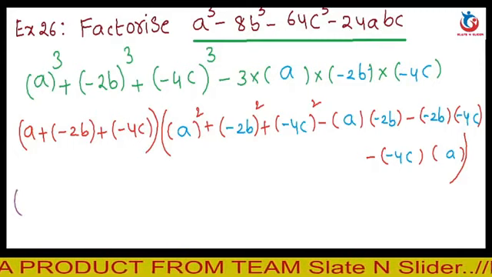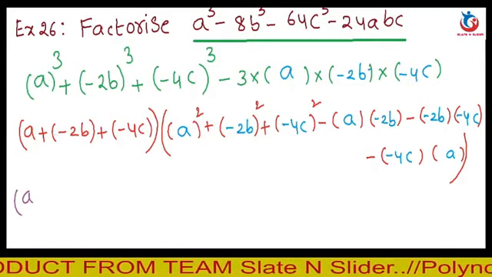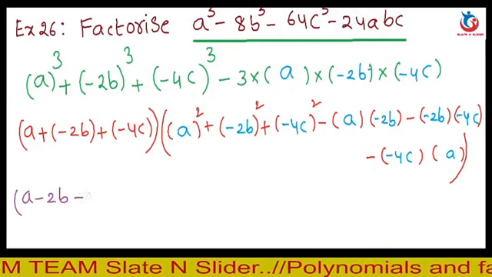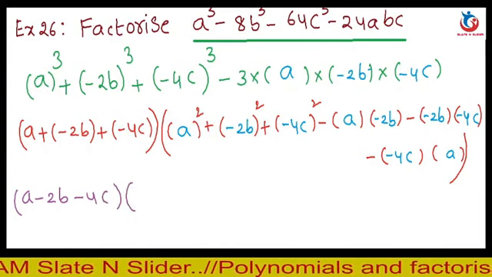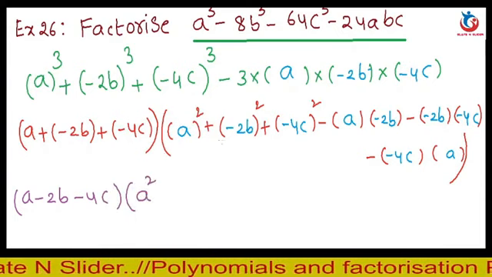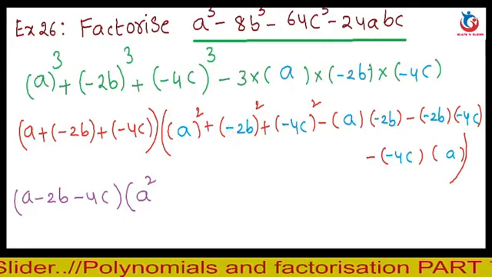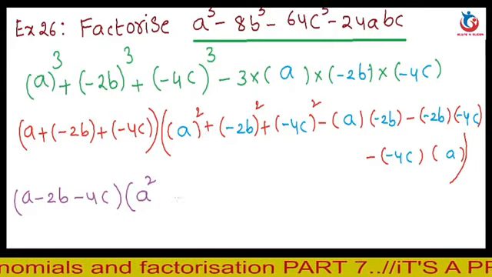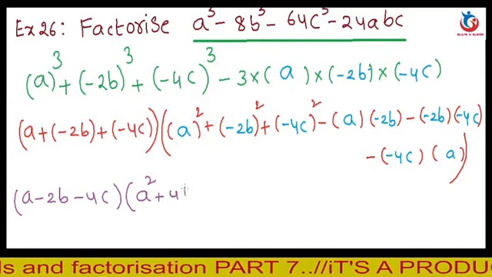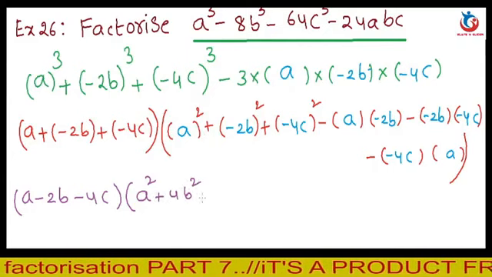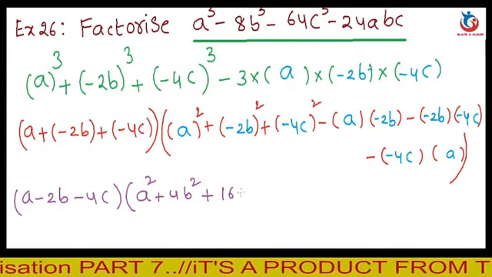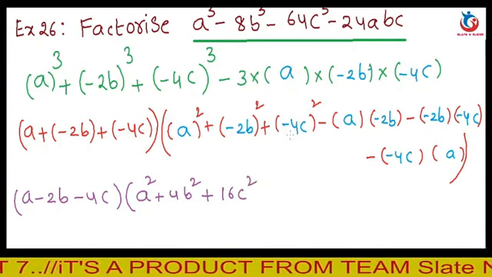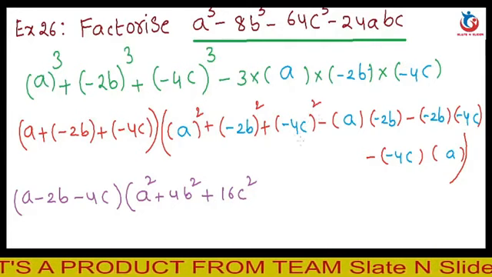I will simplify. So a plus into minus minus 2b plus into minus minus 4c, into a has a square. If the square is for minus, minus square is plus, 2 square is 4b square. By simplification we get plus 4b square, again plus 16c square, because minus square is plus, 4 square is 4 into 4, 16c square.